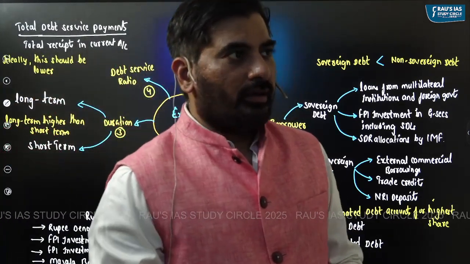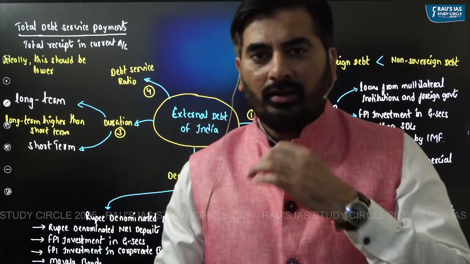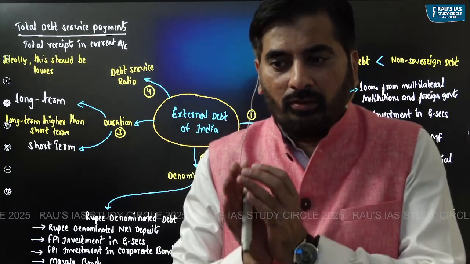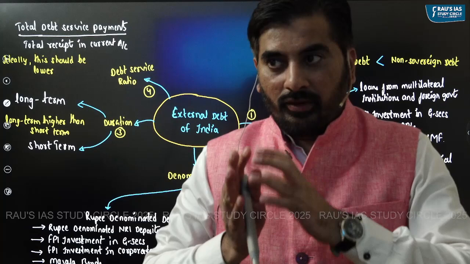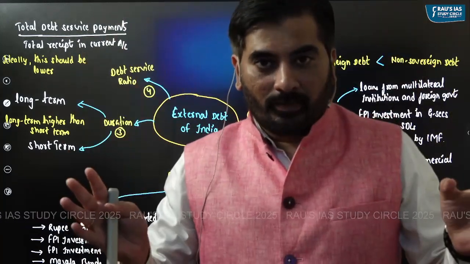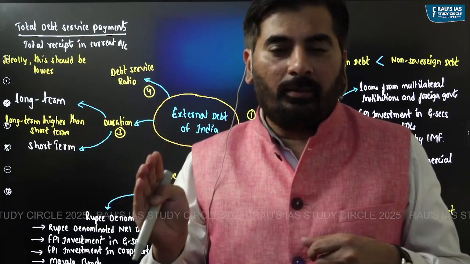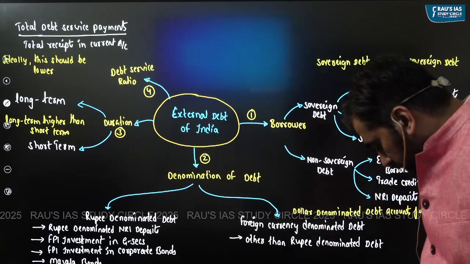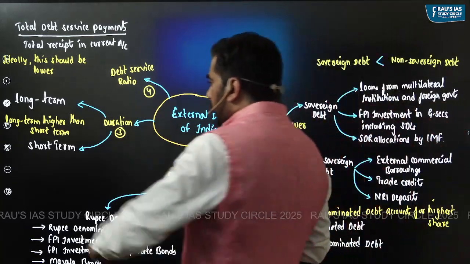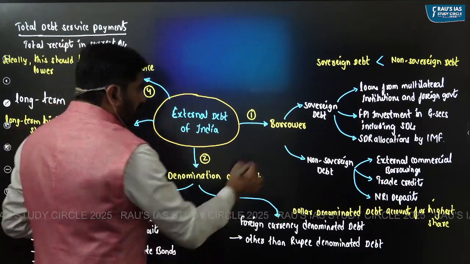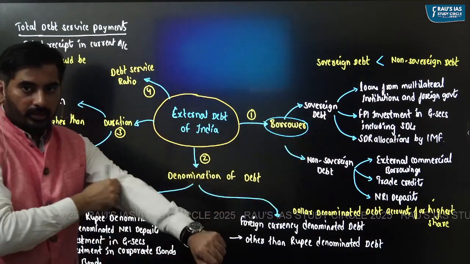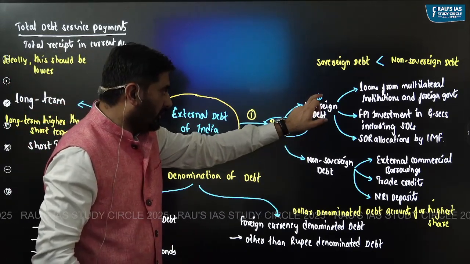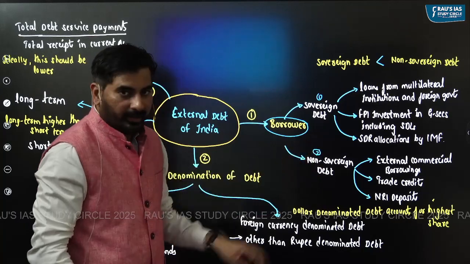See, in the chapter on public finance, we covered the debt position of the government, right? Here, we are not talking about the external debt of the government. We are talking about the external debt of India, which includes borrowings by the government as well as non-government, both of them together. So, accordingly, here you can see, based upon the borrower, as to who is borrowing money, our external debt can be categorized into sovereign debt and non-sovereign debt.